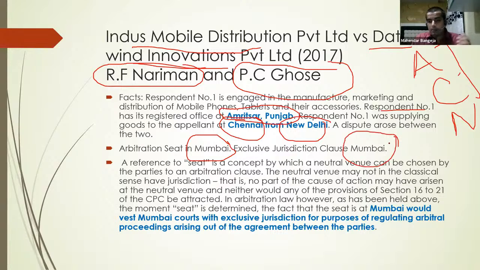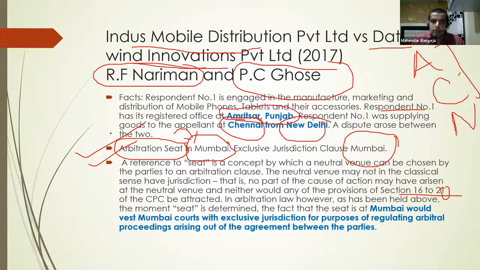Now case came before the Supreme Court. Supreme Court said that in this case Mumbai court will only have jurisdiction because in this case CPC will not apply, and in this case section 16 to 21 will not apply, and only Mumbai court will have jurisdiction because arbitration seat is in Mumbai.